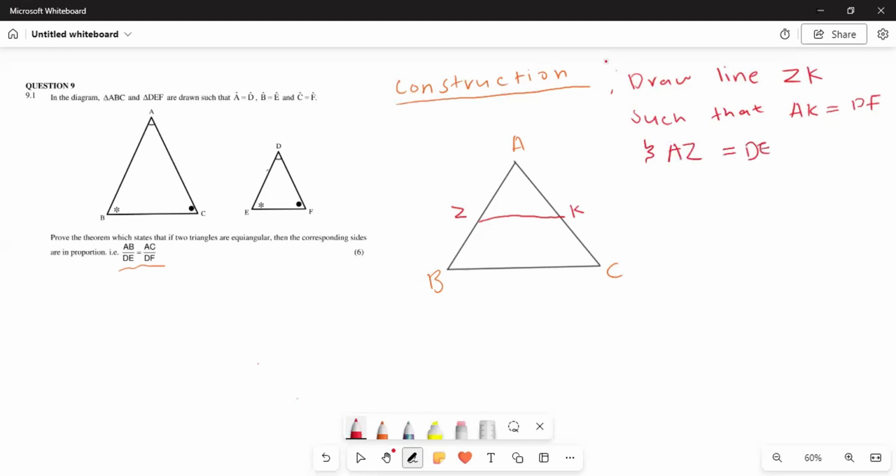So this is the most important step. We're going to draw this line ZK such that this side AK is equal to DF and the side AZ is equal to DE.